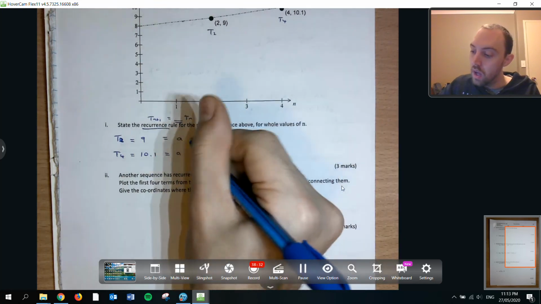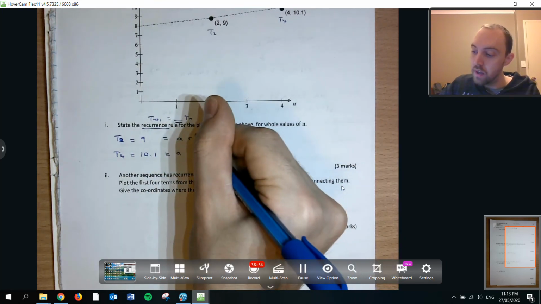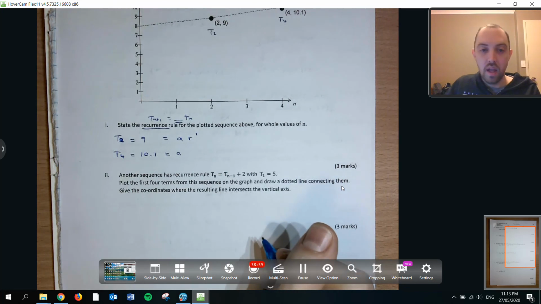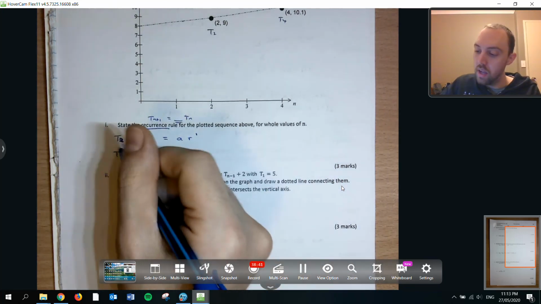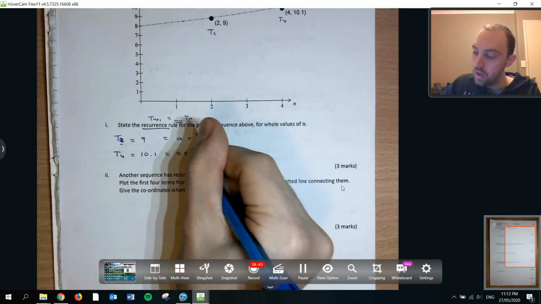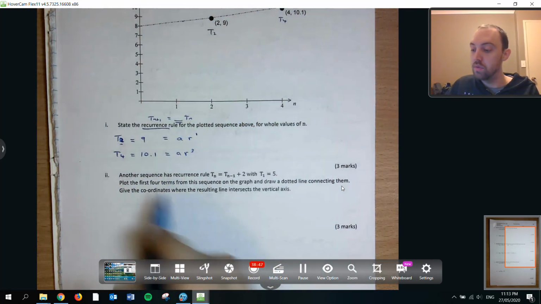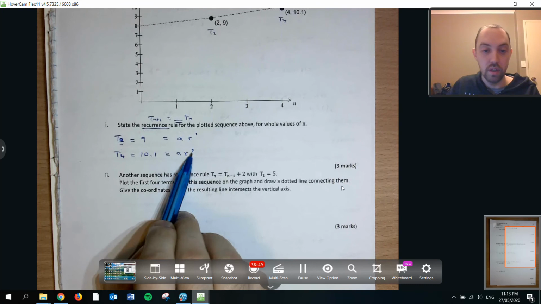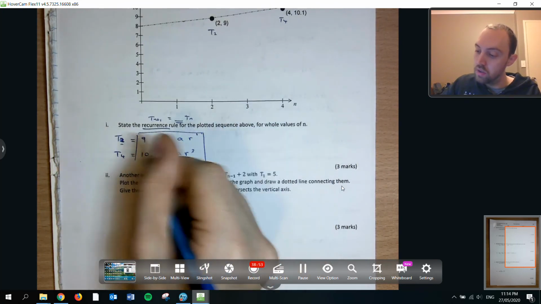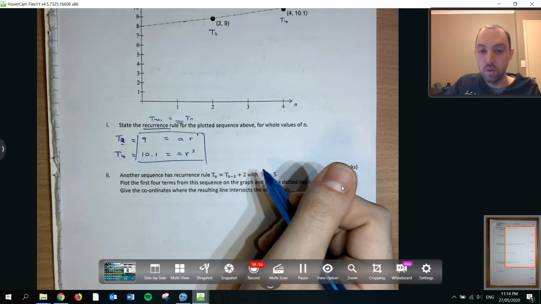R, that's what we're trying to find, but we do know that n take 1, n is 2, 2 take 1 is 1, and n is 4, take 1 is 3. So we have 2 equations, 2 unknowns.